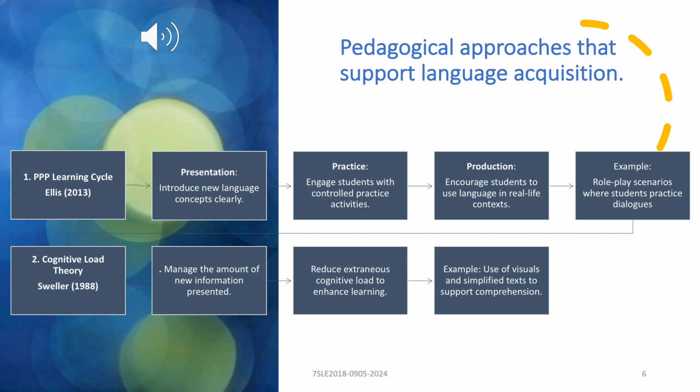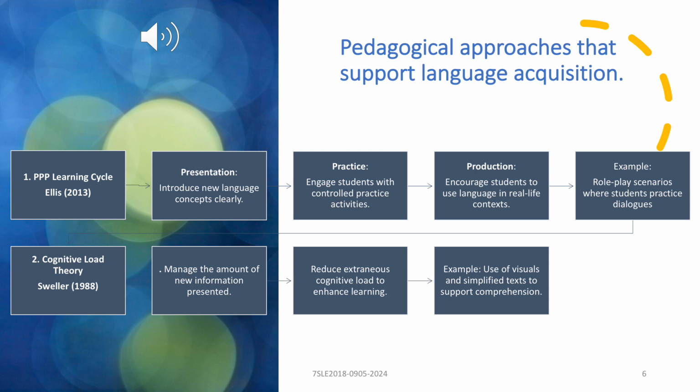For production, learners could engage in a Find Someone Who activity where they move around the classroom asking each other questions like, have you ever visited Paris? This allows for real-life language use while still providing a structured context.